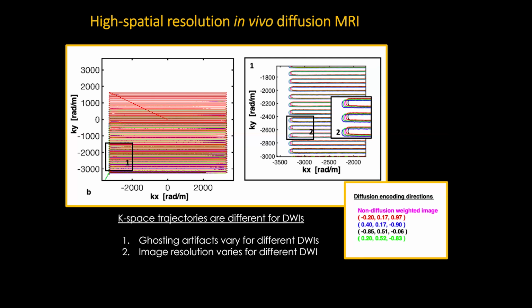And you can see from these plots that the k-space trajectories actually vary based on the diffusion gradient encoding directions. That would give rise to these ghosting artifacts that vary for different DWIs, and also variations in image resolution depending on the strength and directionality of your diffusion encoding gradients.